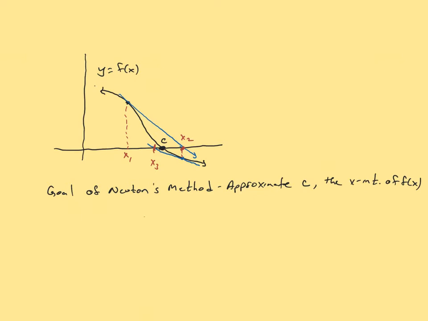One of those is if you pick a point and the tangent line at that point intercepts at your second guess, but when you use your second guess, it goes back to the first guess. So you have that situation.